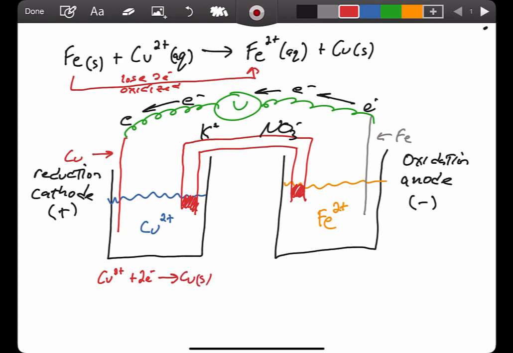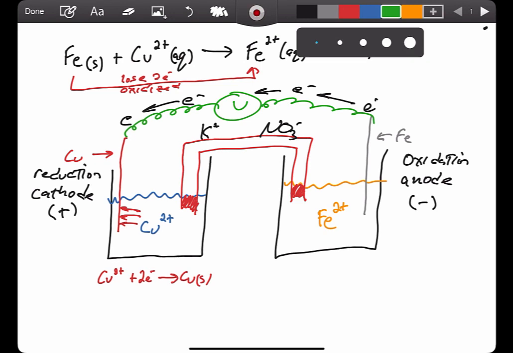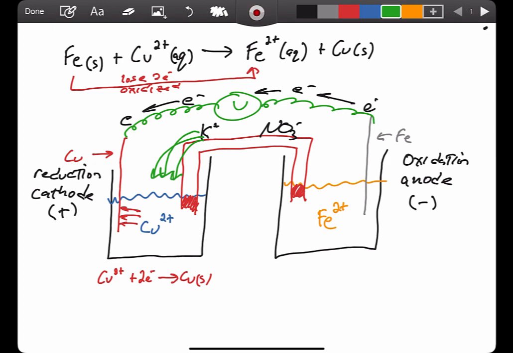And so I'm losing positive charge out of the solution and it's being deposited as copper metal. And so since I'm losing positive charge out of the solution, the salt bridge is going to respond by putting positive charge back into that solution. So potassium ions are the positive charge for the salt bridge, and so potassium ions are going to be flowing into the copper solution.